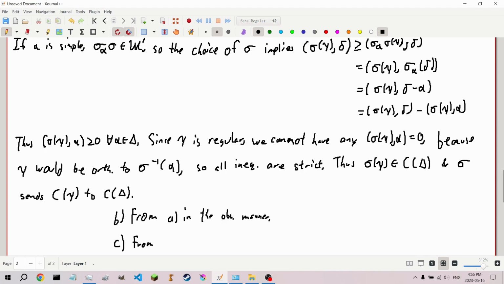And from B, we only need to show that every root belongs to a base.